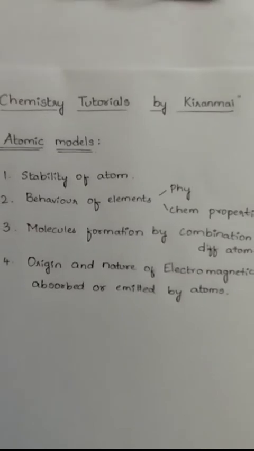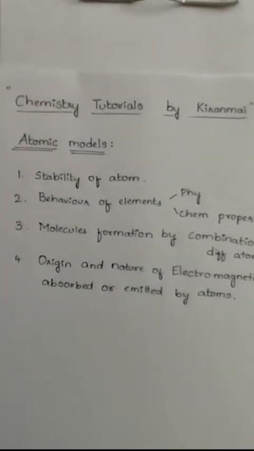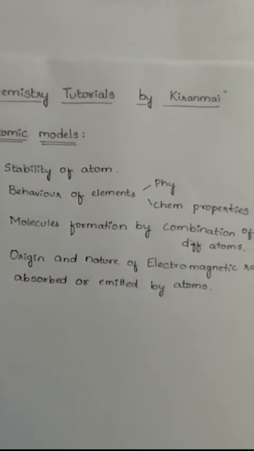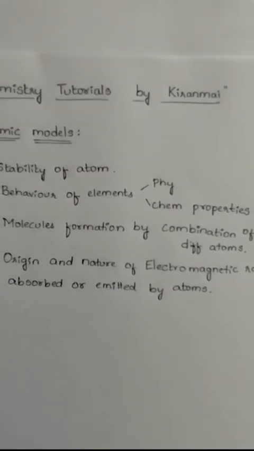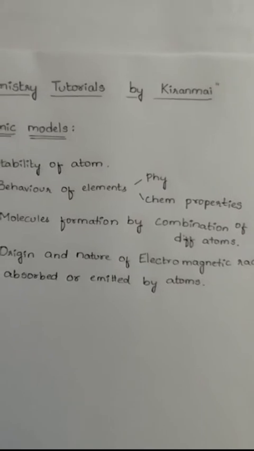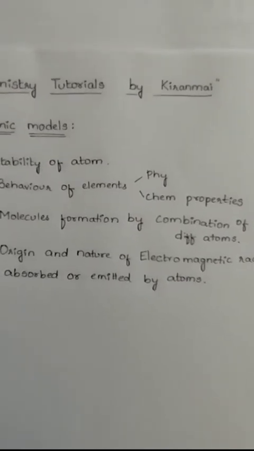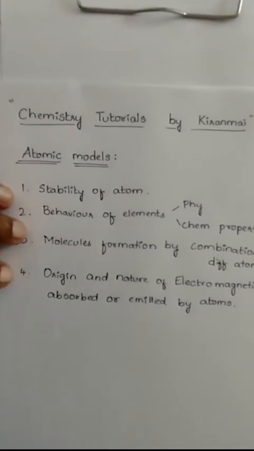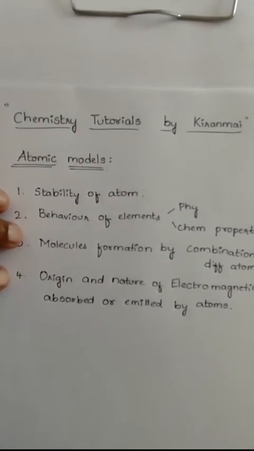Some studies showed that atoms absorb electromagnetic radiation, it also emits electromagnetic radiation. So, what is the origin of this electromagnetic radiation? How is electromagnetic radiation's behavior? These are the few questions before scientists to answer.